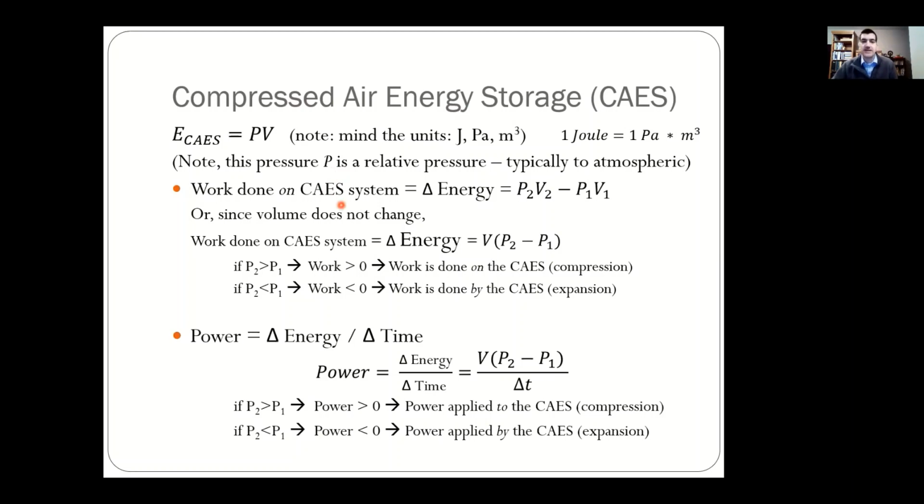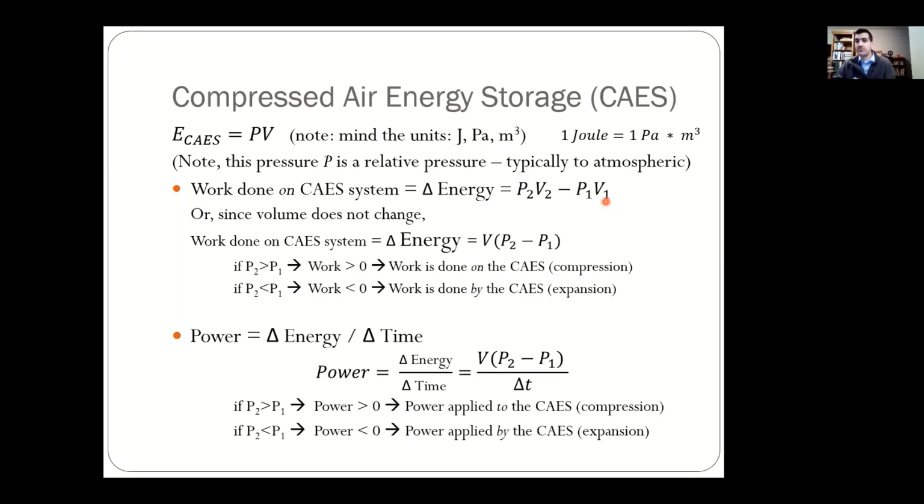All right, so we need to keep track of our signs here, and we're going to define the work done on the compressed air energy storage system to charge the system, to compress the gas, as equal to the final pressure times the final volume minus the initial pressure times the initial volume. But like in generators, when we said the area of the armature doesn't change, here the volume of the compressed air energy storage system doesn't change.